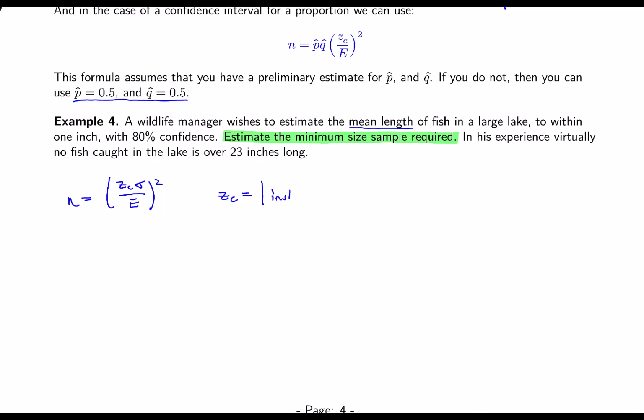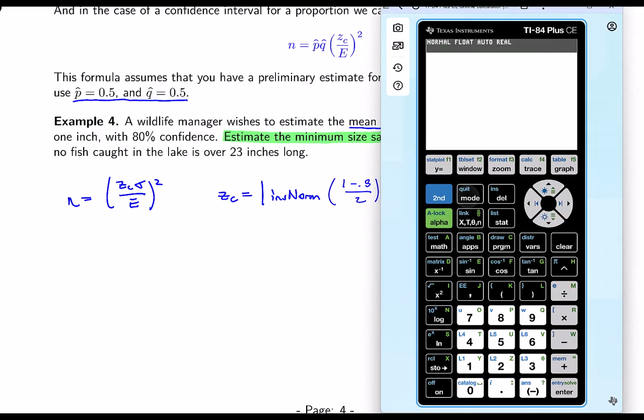So inverse norm, 1 minus our level of confidence, which is 80% in this case, so (1 minus 0.8) divided by 2. We'll just use the calculator for this, and I'm just going to use the TI here, because this is from previous sections, and you should be able to do this kind of calculation no matter what technology you're using at this point.